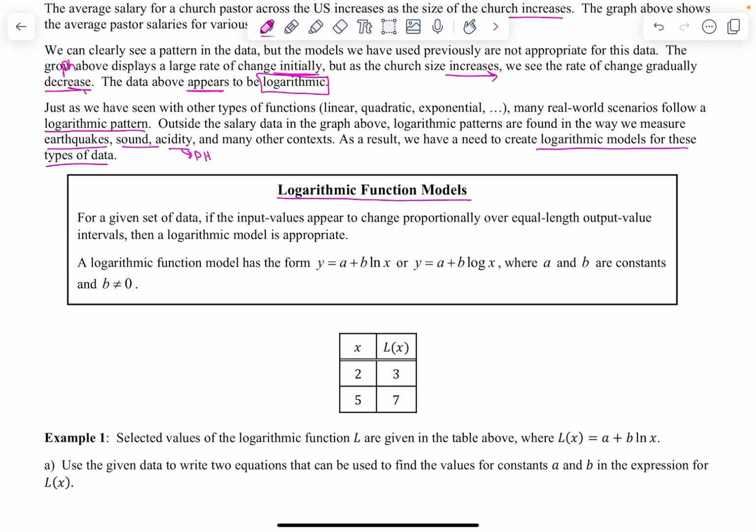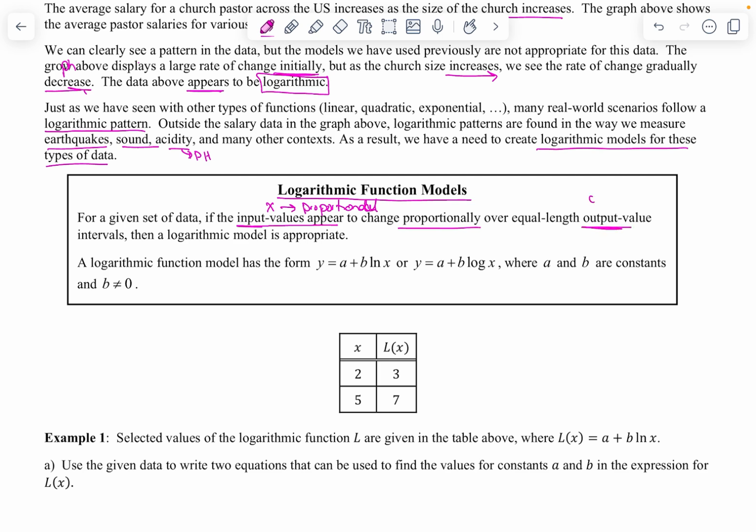Now, logarithmic function models without a calculator. We're given a set of data. If the input values, the x values, change proportionally, which means changes with multiplication or division, or multiplication of a fraction, over equal length output values.